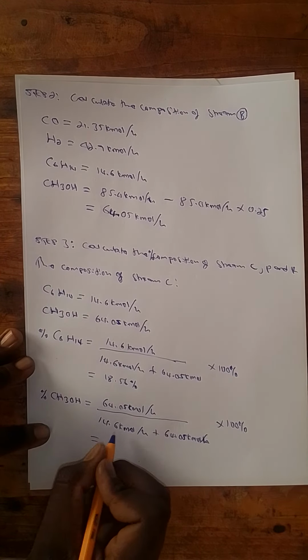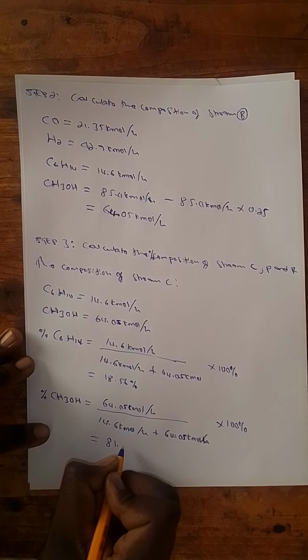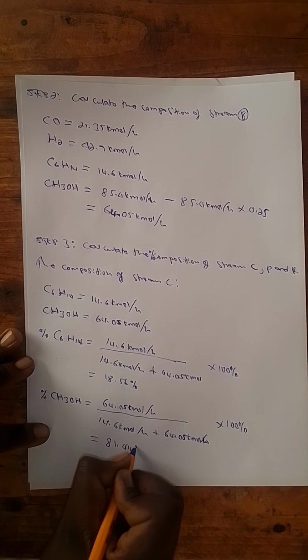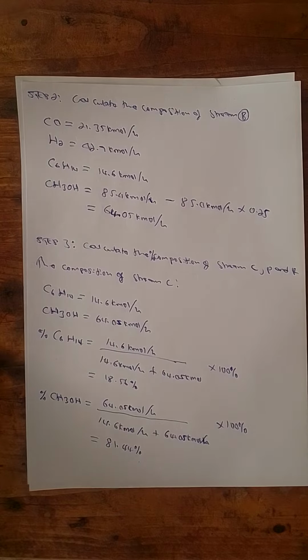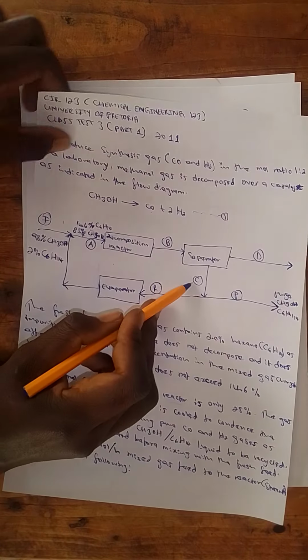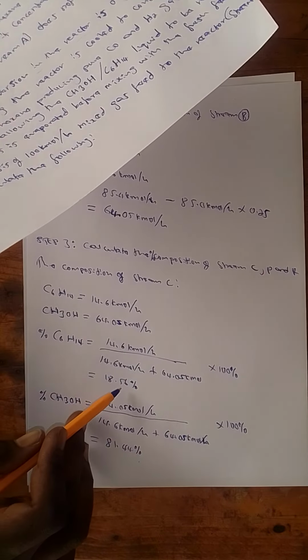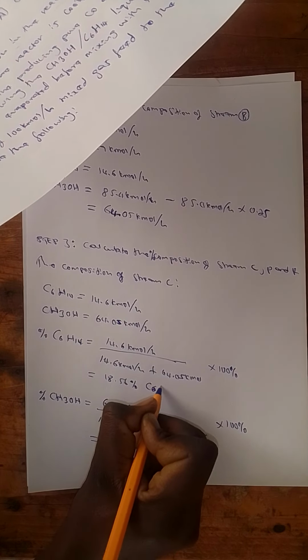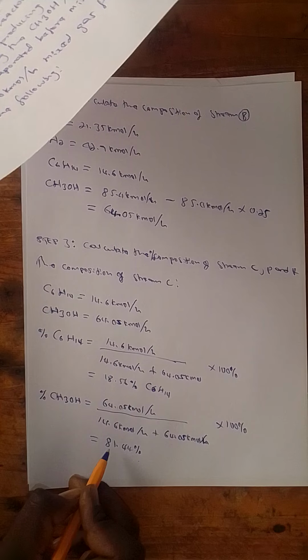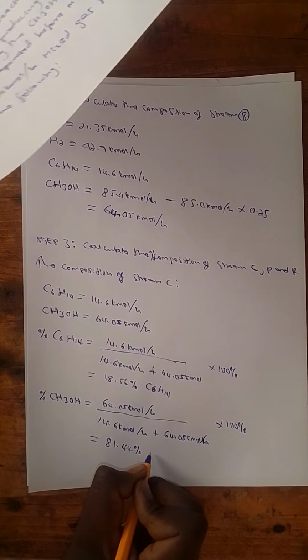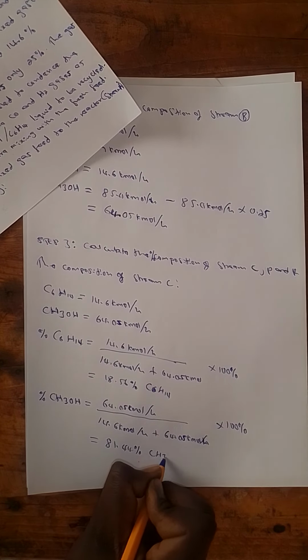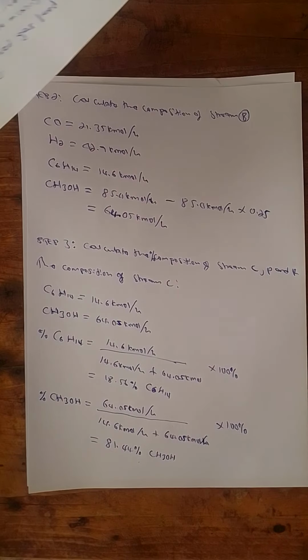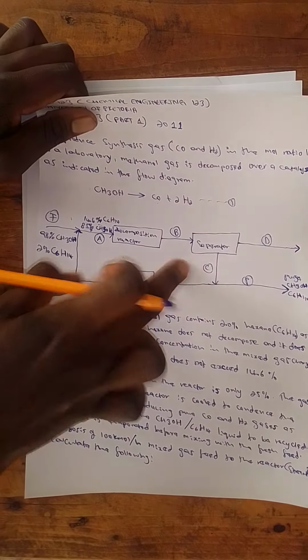And if you use your calculator, it gives you 81.44%. So now we know that in stream C, there's actually 18.56% of C6H14 and 81.44% of CH3OH, right? Now, we are done with C. We have the composition of C.